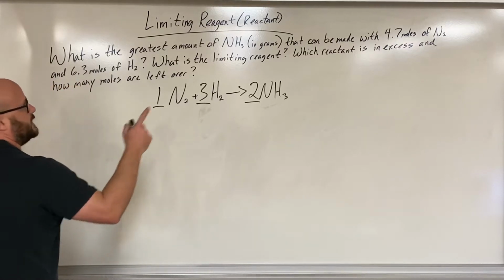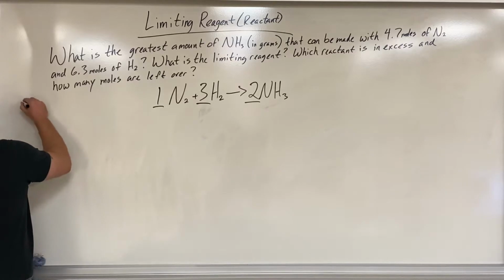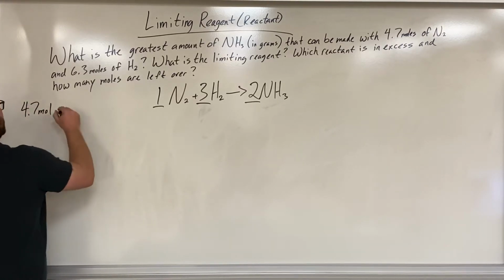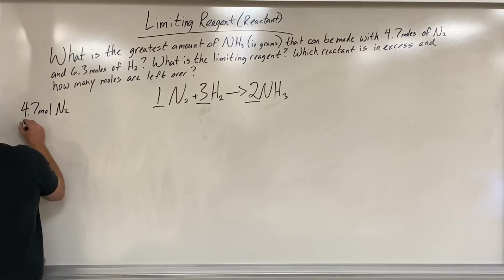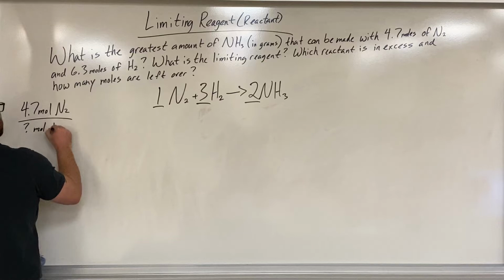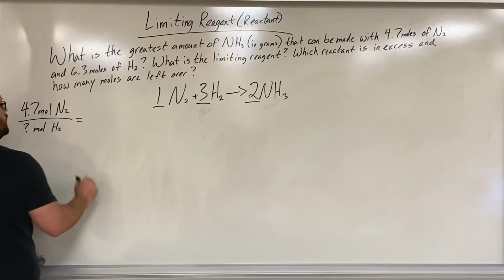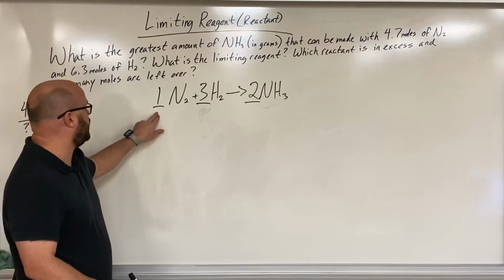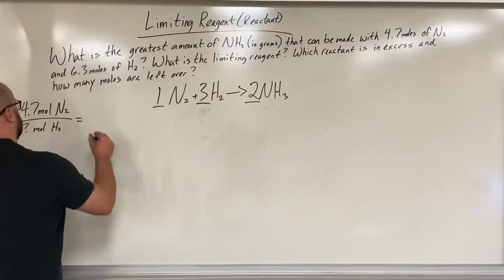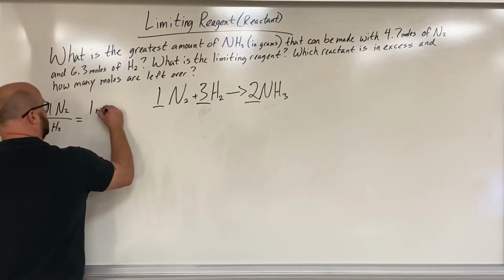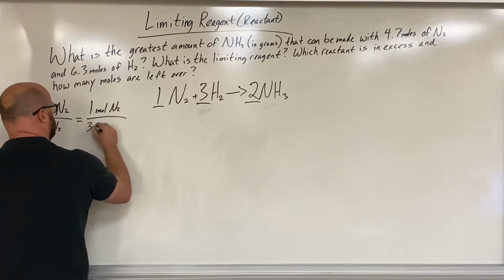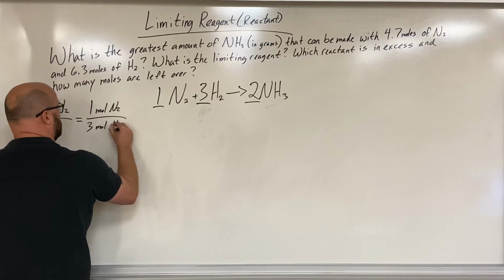All right, let's look at nitrogen first. 4.7 moles of nitrogen is question mark moles of H2. Our mole-to-mole ratio of nitrogen to hydrogen is going to be 1 to 3. So 1 mole nitrogen for every 3 moles hydrogen.